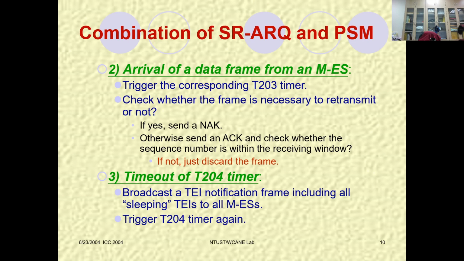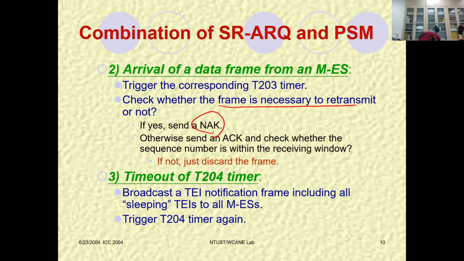If so, we trigger the corresponding T203 timer and check whether a frame needs to be retransmitted. If yes, then we need to send a NAC.